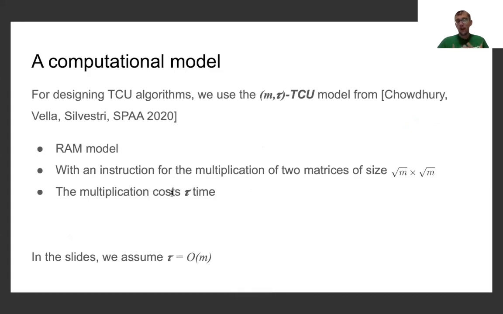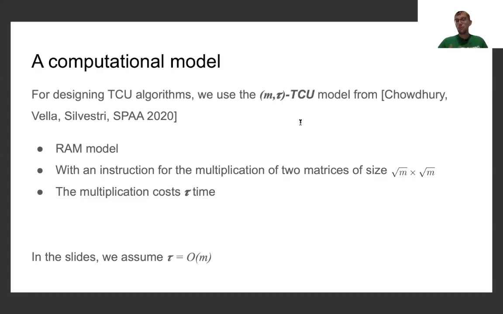Before designing and analyzing algorithms for Tensor Core Units, we need a computational model for Tensor Core Units. That is a model where we can study the complexity of our algorithms. And we use a model that appeared as a brief announcement in SPAA this year by Dybdahl and Silvestri, which is called the (m, tau) TCU model.